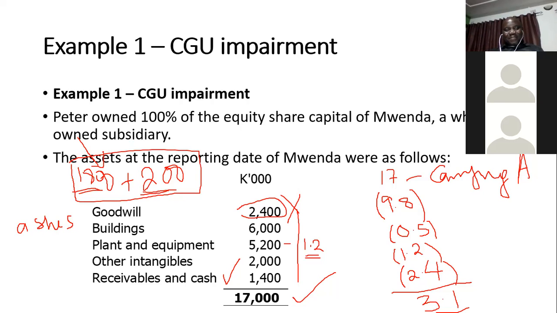Actually, you even need it more. Definitely. And even the cash that is in the bank, you're not going to say this has been written off because of all these things. No, you should get it. So this is why, and it's a classic example, this is why receivables and cash, you don't impair them.